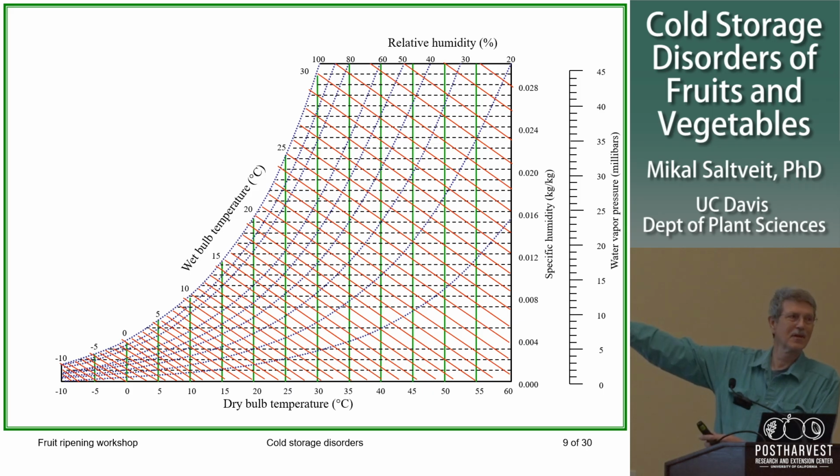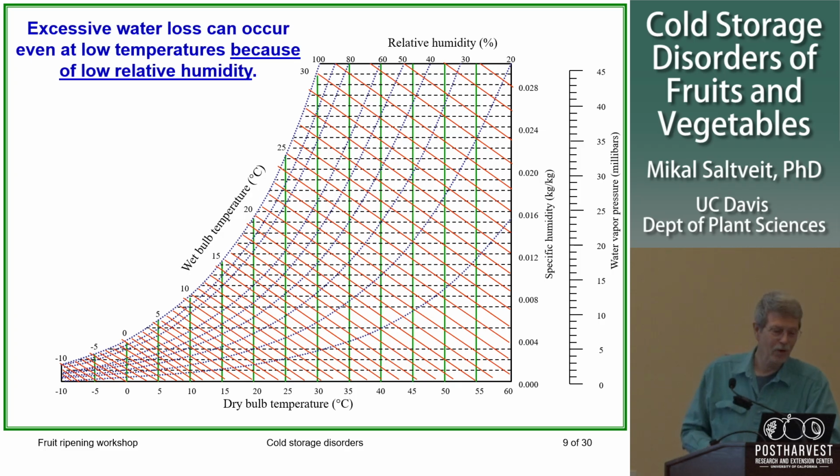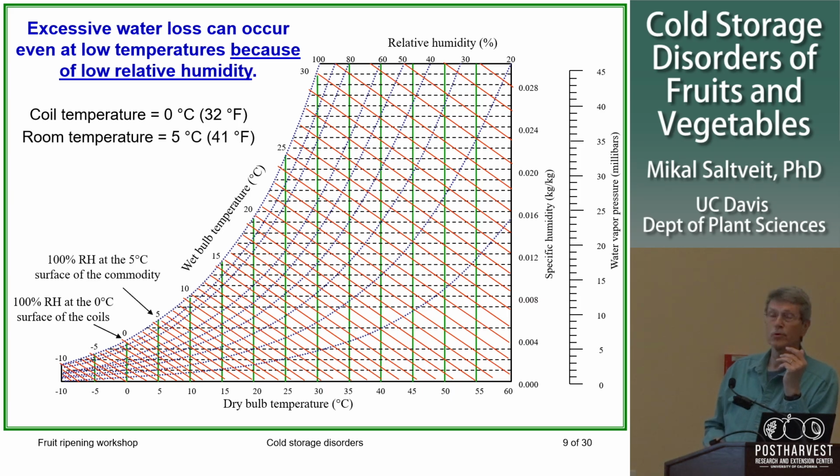So here's a chart that we're all familiar with, right? Everybody know what this is? It's a psychrometric chart. And as we can see here, excessive water loss can occur because of low relative humidity. If the coil temperature is 0 degrees Celsius, 100% relative humidity there. The room temperature is 5, which is still a good storage temperature, right?